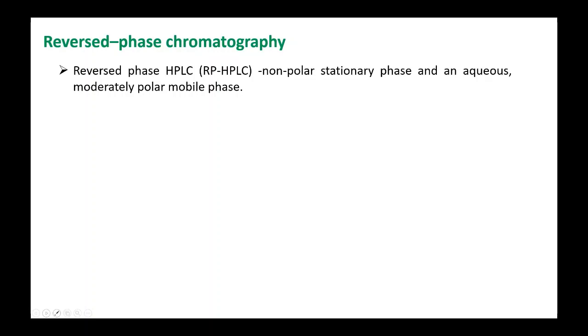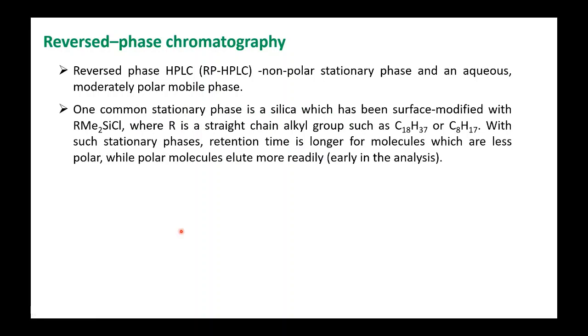Okay. So one common stationary phase is silica which has been surface modified with RMe2SiCl. This R can be of different size, meaning different hydrocarbon, where R is a straight chain alkyl group such as C18H37, that is the 18 carbon hydrocarbon, or C8H17.